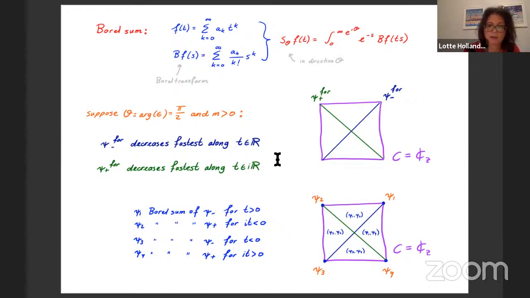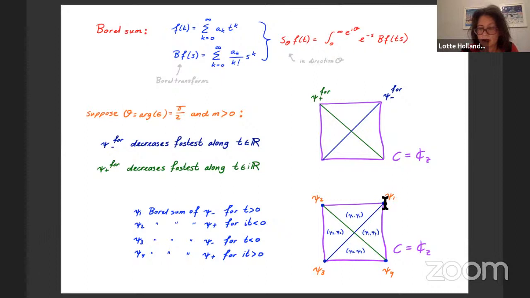So if we compute the Borel sums of psi minus and psi plus in each of these four rays, then we recover these functions psi 1, psi 2, psi 3, and psi 4 that I defined before. Moreover, we can analytically continue these solutions.